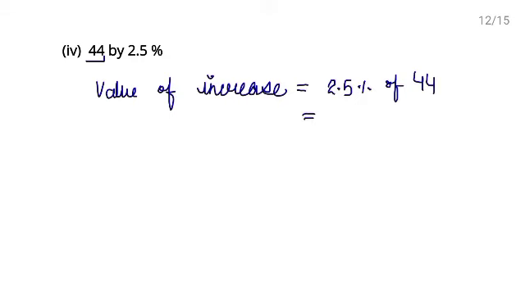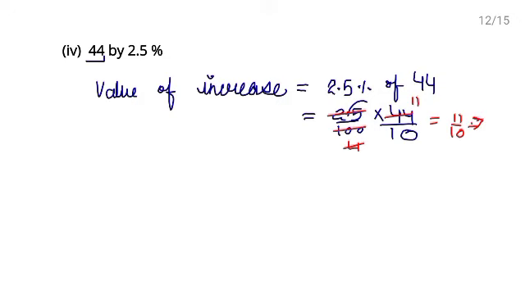So this is 2.5% means 2.5 upon 100 of means multiply 44. Remove decimal, put 10 in denominator. 25 4s are 100. 4 11s are 44, so this is 11 upon 10, and in decimals you can write it as 1.1.